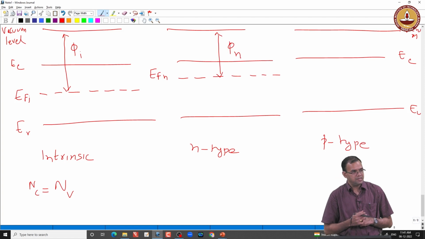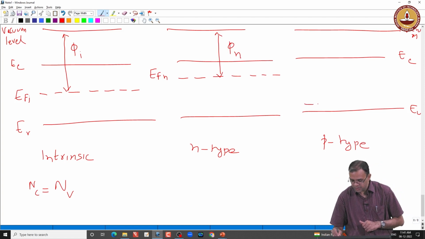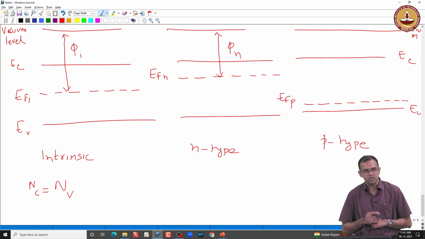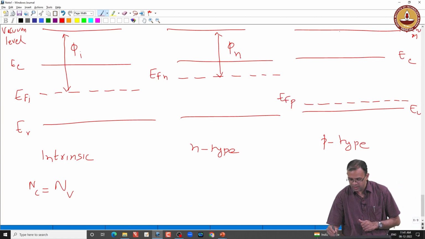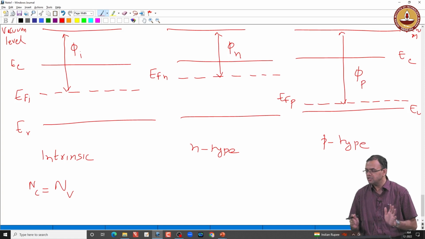Now instead of n type, I have p type. My Fermi level will now shift down because I have more holes than electrons. So that's EFP, and I have a new work function phi p. So it's the same material, it is silicon in all three cases.